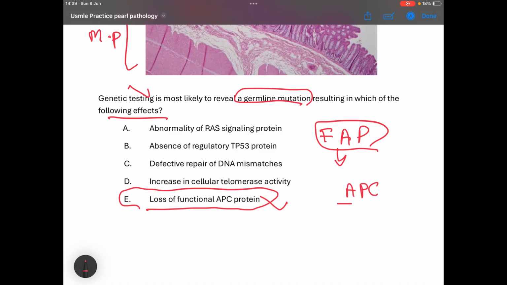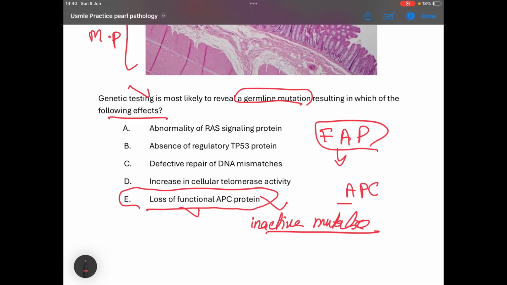It is mentioned in general pathology under neoplasia: loss of function of APC protein. It is also an example of an inactivating mutation, and inactivating mutations occur in tumor suppressor genes.